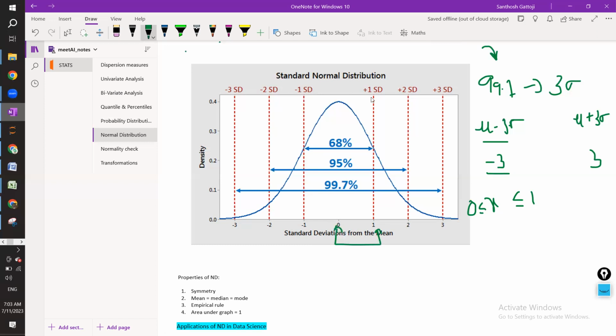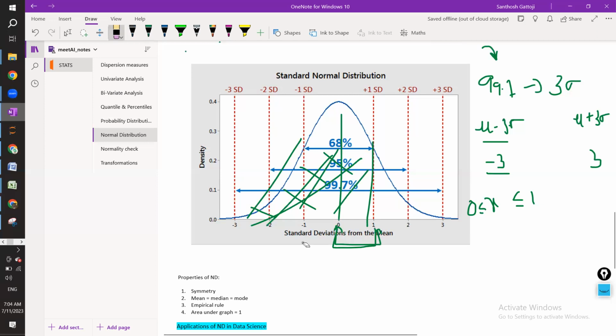How will you calculate it? First, you calculate x less than or equal to 1, then you calculate x less than or equal to 0. If you subtract both, you will get 0 to 1. Agree? Those values you get directly from the Z table.